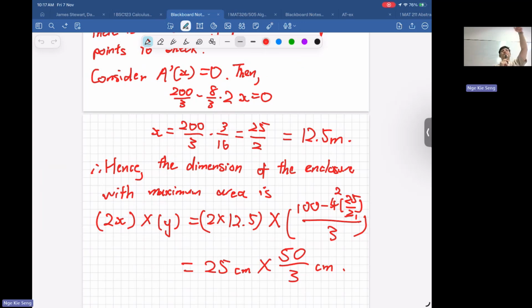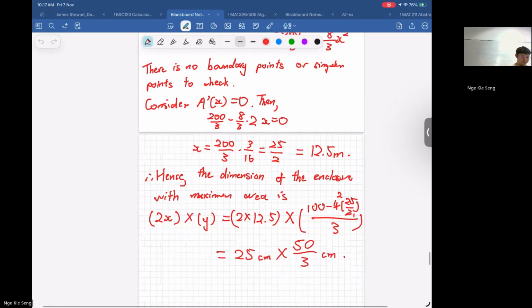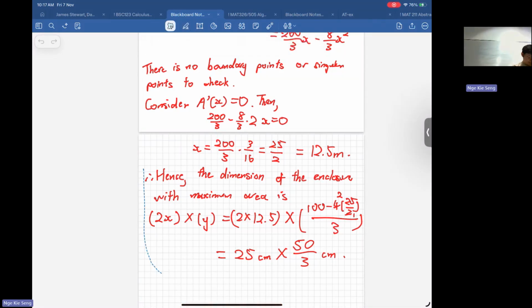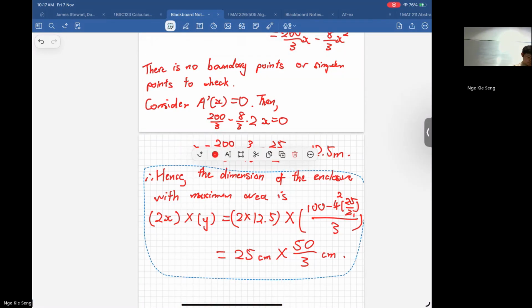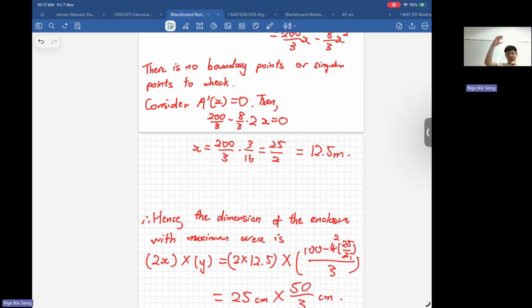Yes. Okay, so either you use the first derivative or the second derivative to decide whether it's a local max or local min, to make sure that it is a maximum. Because there's no boundary points and no singularity points, this local maximum, the highest one, will be your absolute maximum.